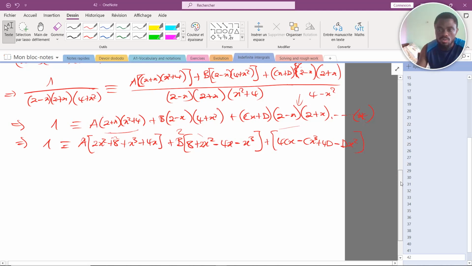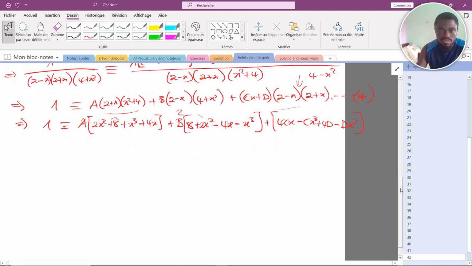Okay, what I'll do is this. I'll take like terms and equate to those on the right side. So let's bring out the equations.